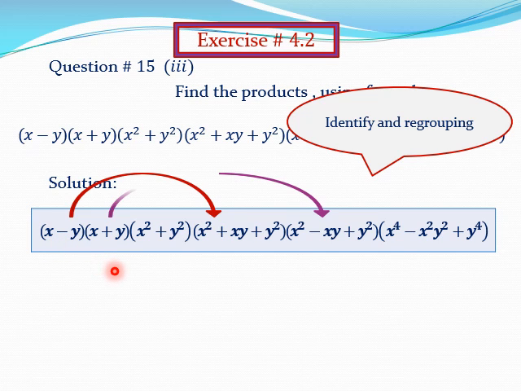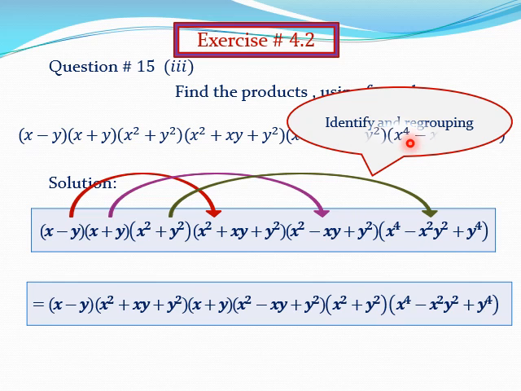Then we combine the factors x + y and x² − xy + y² with each other, and the product of these two factors is the sum of two cubes. And the third, x² + y², we will combine this factor with x⁴ − x²y² + y⁴. Just identify and regroup them.